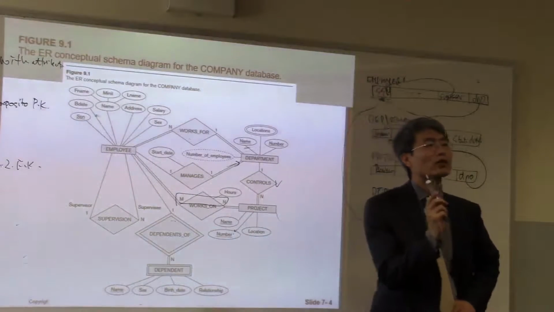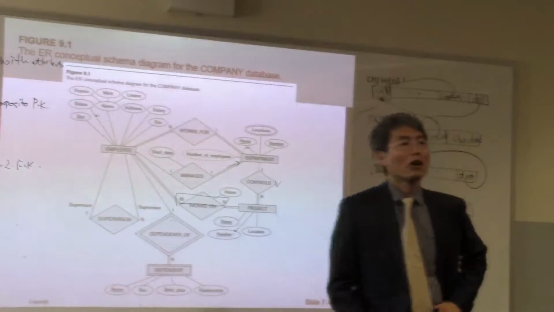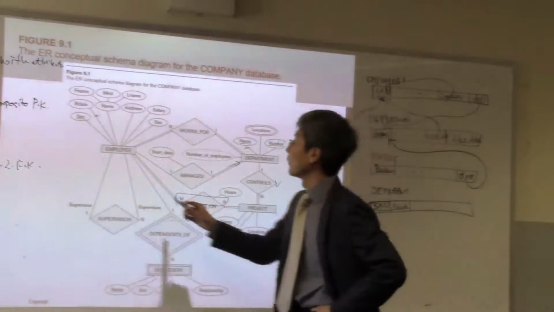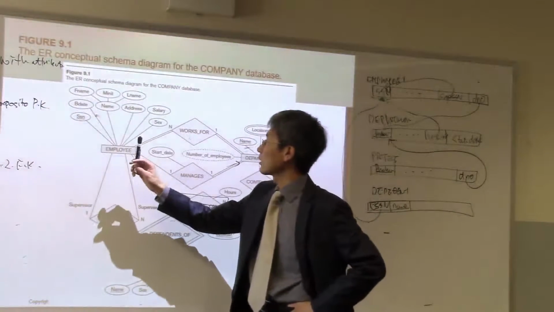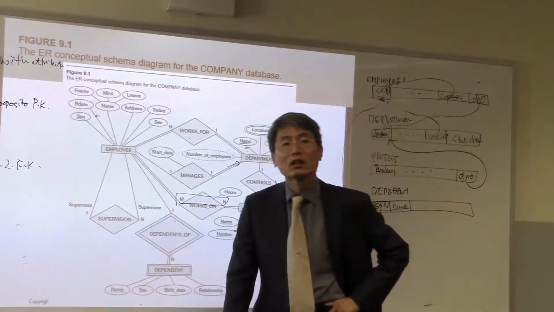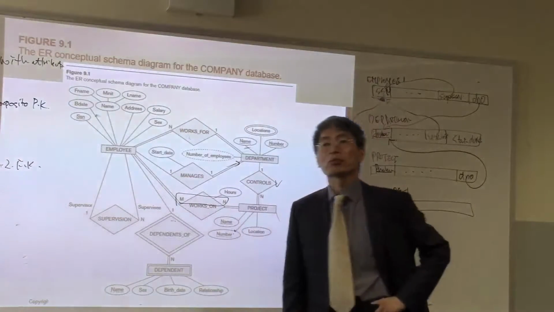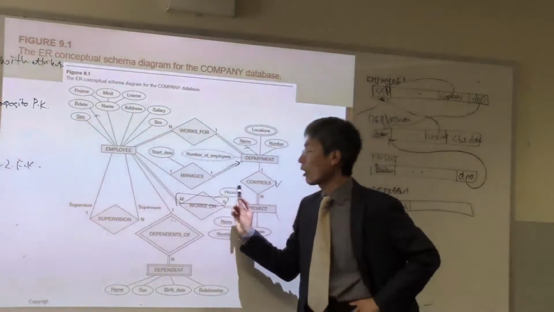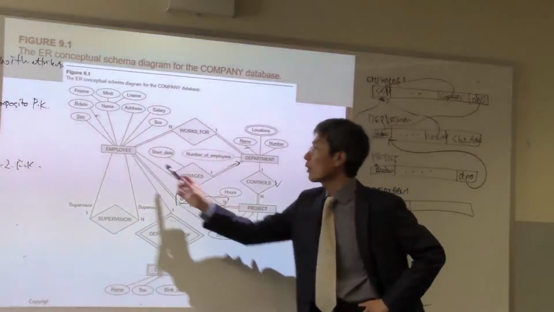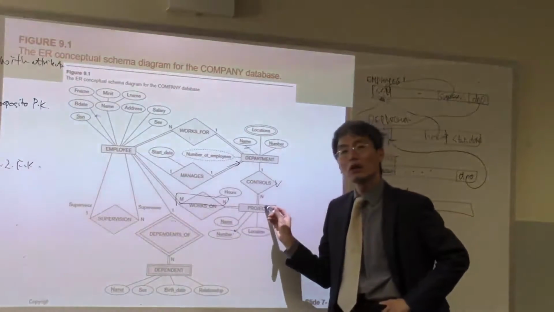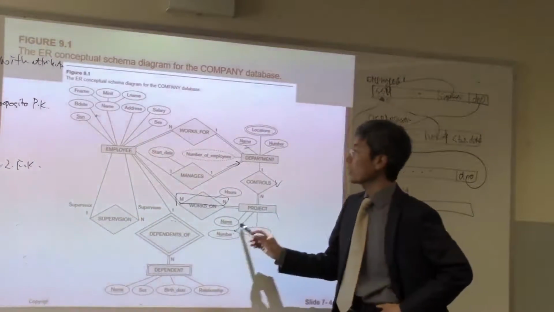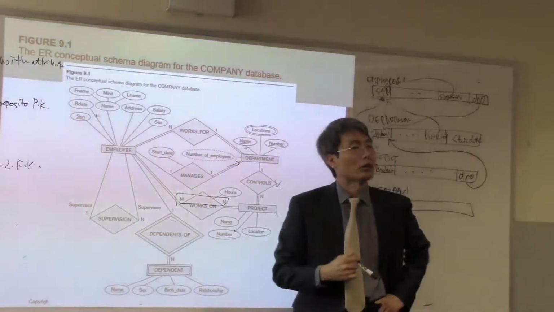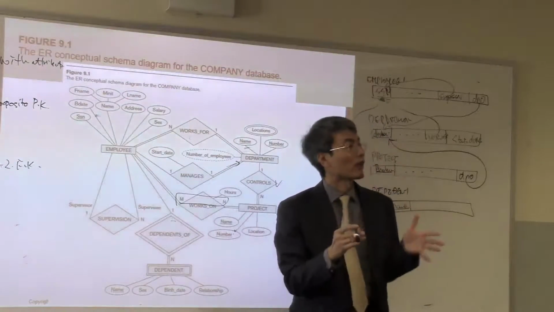To find how many hours the employee works on a specific project, these hours are for what? Per employee and per project. So it cannot be either this one or this one. Okay? You need to create another relation.